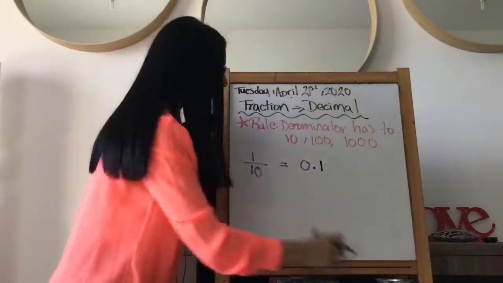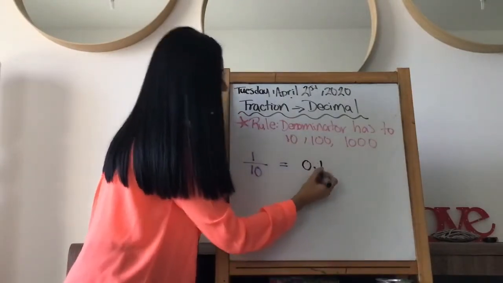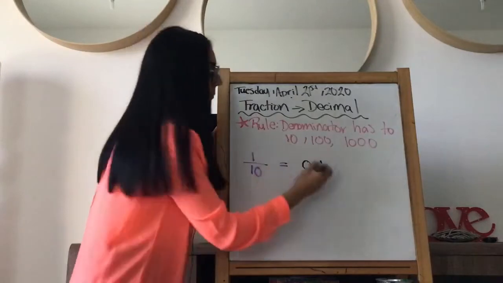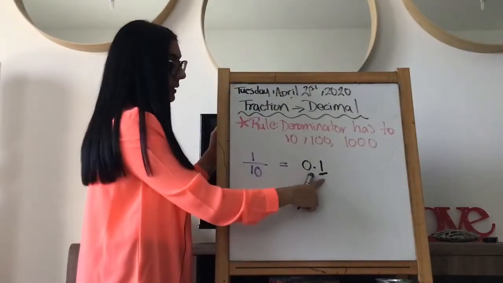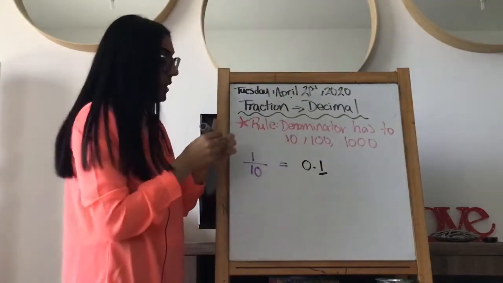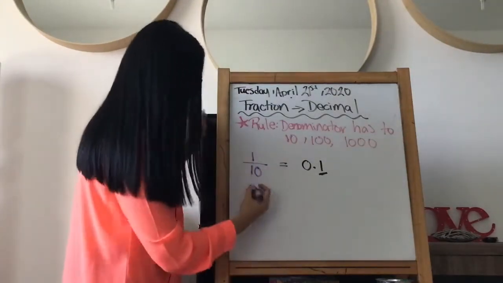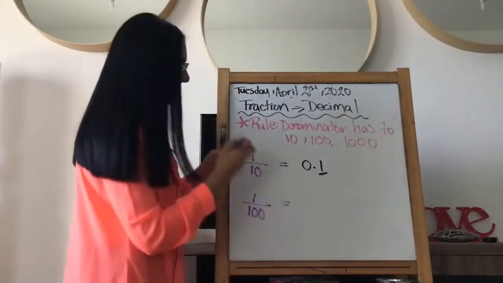But it depends, so now maybe I'll do this. I know that this is 1, and I can check because the last place value should match my denominator. So what place value is the 1 in? The tenths, hence it matches. The reason I'm saying this is, what if I had 1 over 100? What would that be as a decimal?